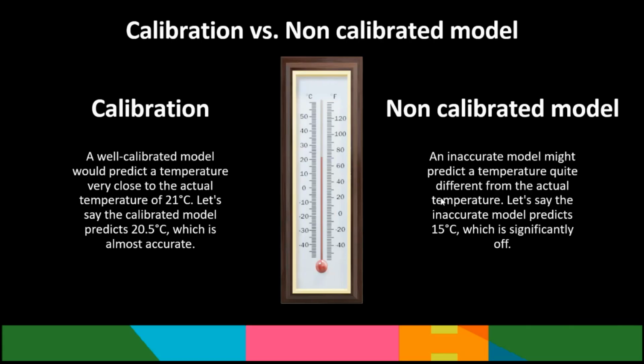So let's pick an example. Let's put it in the perspective of temperature again. A well-calibrated model would say it's around 20.5 degrees Celsius when it's actually 21 degrees Celsius, really close. But a model that isn't calibrated might say it's 15 degrees Celsius, way off the mark. This is the difference between a calibrated and non-calibrated model.